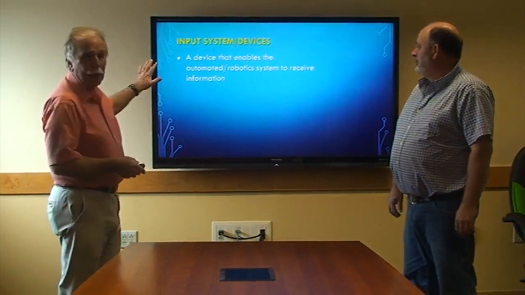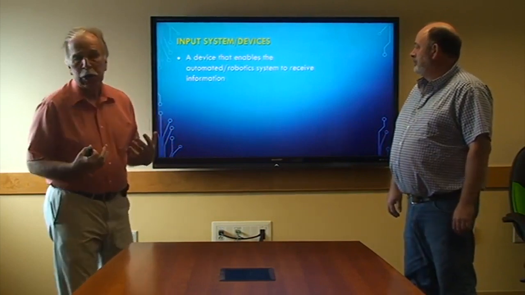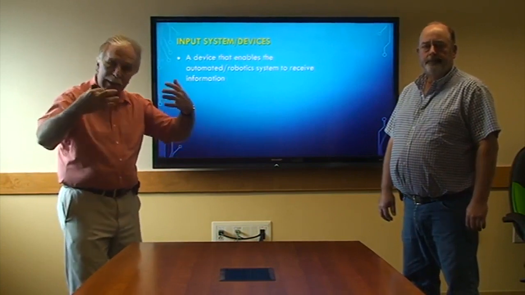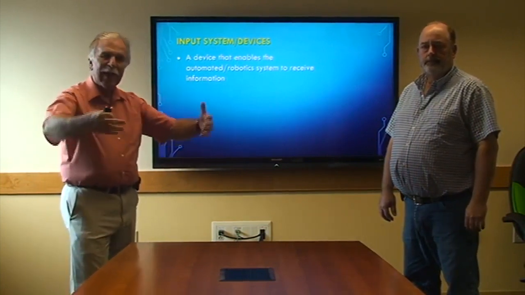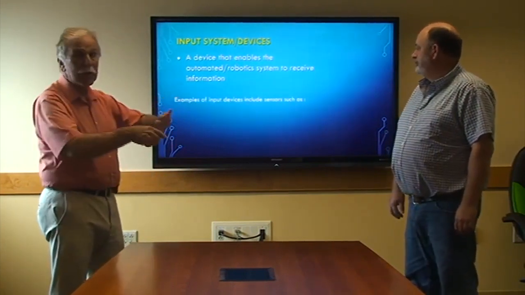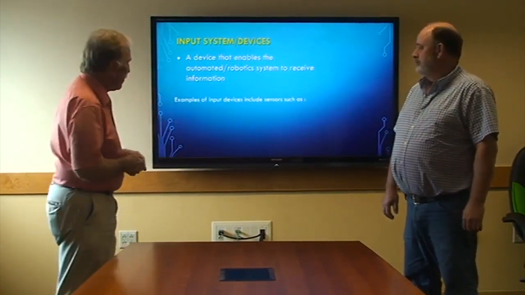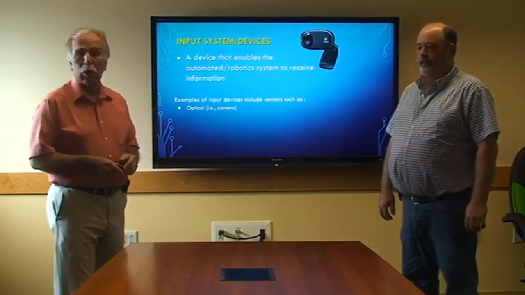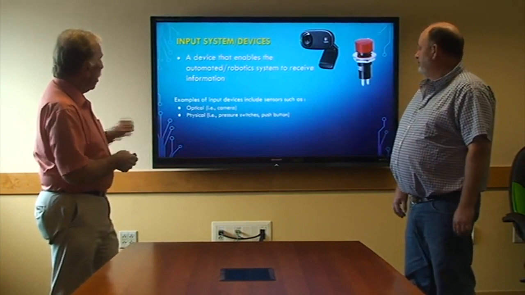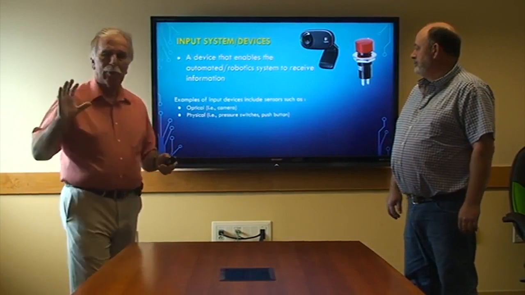So let's look a little bit at input devices. An input device is a system that receives information. When you have an automated system, you have to have something that collects information, data, and feeds that into your system. Some examples, and this is not a complete list, but some of the examples you might see: one would be optical, and again, that's like cameras. Physical, and when I say physical, it's like maybe a bumper switch or a pressure switch.